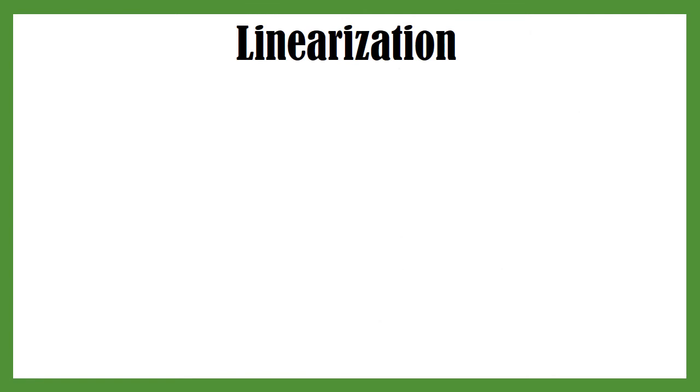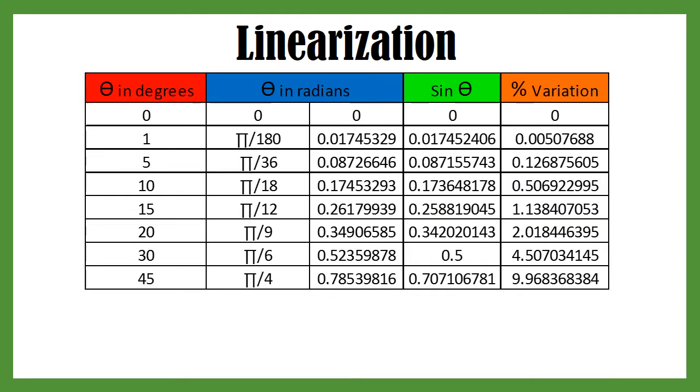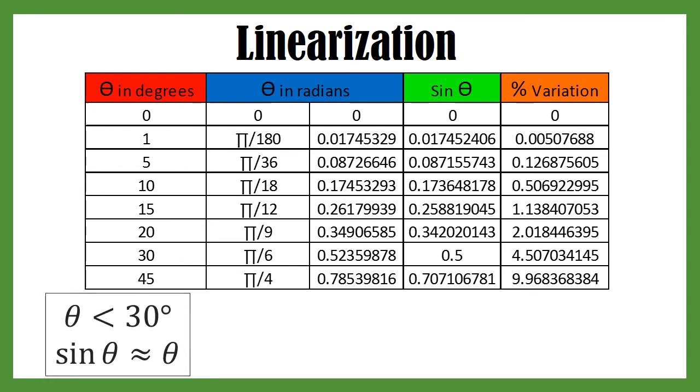To linearize our equation, we can compare the values of theta in radians with sine of theta. We observe that the values are roughly the same when we have small angles. We can generalize that theta and sine of theta are the same for angles lower than 30 degrees.